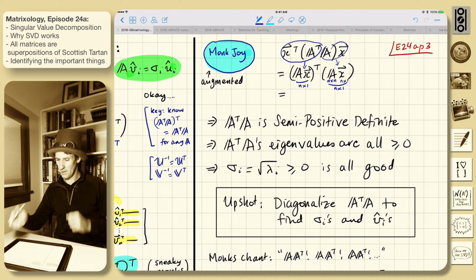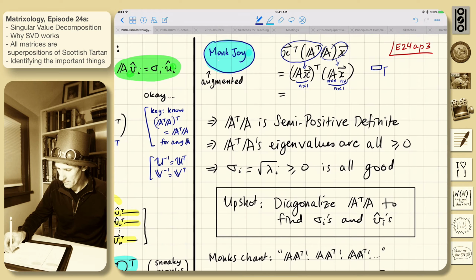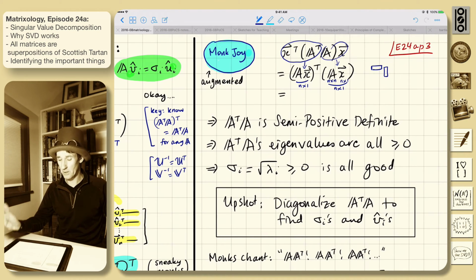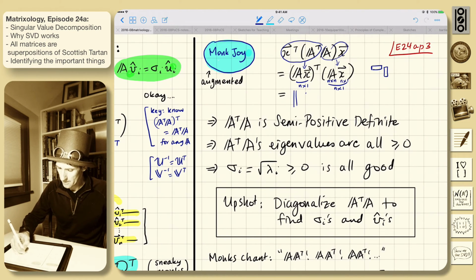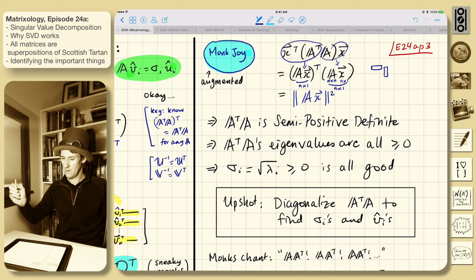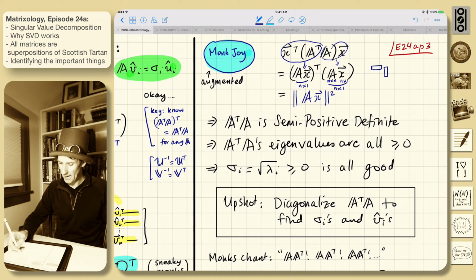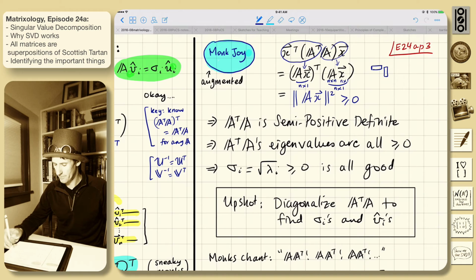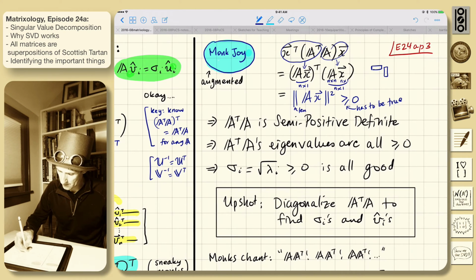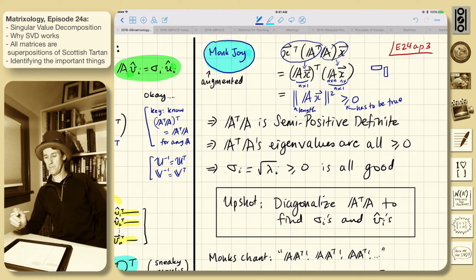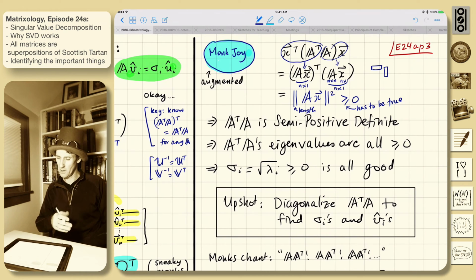So it's a vector in a product with itself, which is its length squared. Very nice. Squared. Which has to be greater than or equal to 0. Has to be true.